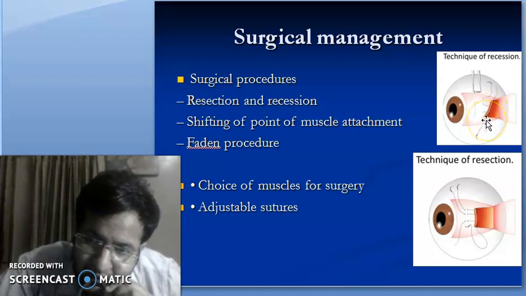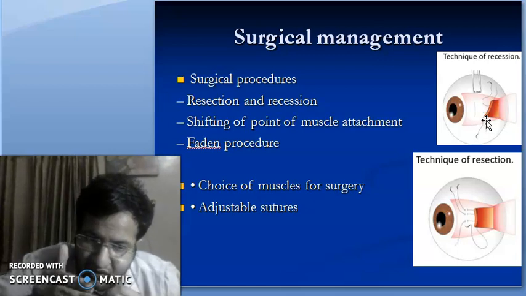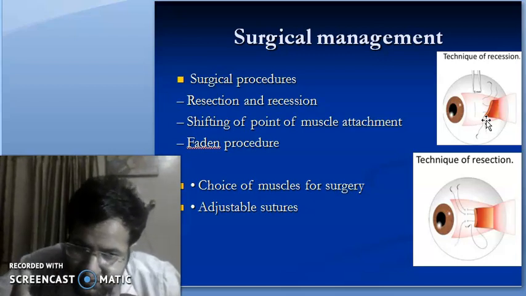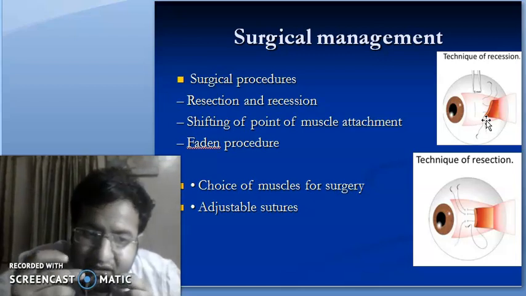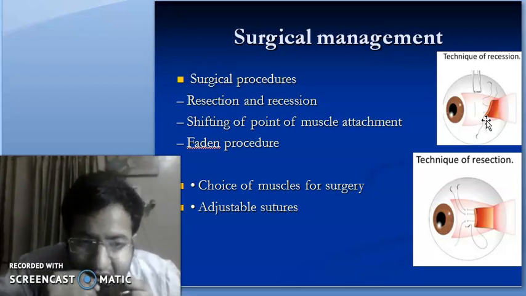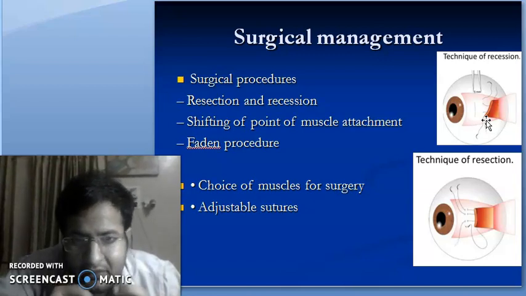So, in recession, the muscle mass is same, but the insertion is now slightly lax. That is, it is behind. So the muscle becomes lax. So the muscle is weakening. So whenever we have to weaken a particular muscle, we have to recess that muscle. Okay, this is the basic principle guiding the strabismus surgery.